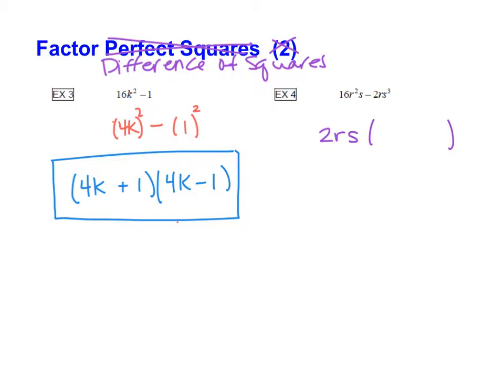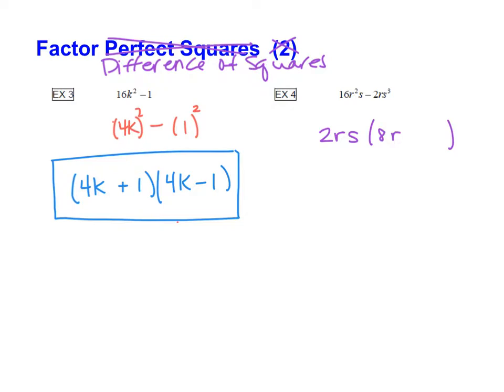Alright, if you take a 2rs out of each term, 16 divided by 2 gives you 8, so we factored a 2 out of that. If you have r squared and you take an r out, it leaves you with just an r. And then we have an s, but we factored the s out front, so there are no more s's.